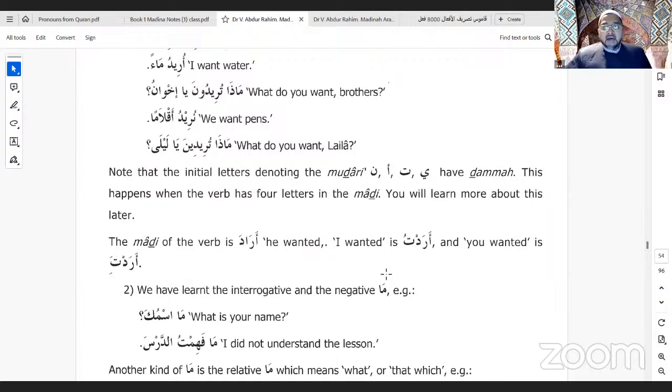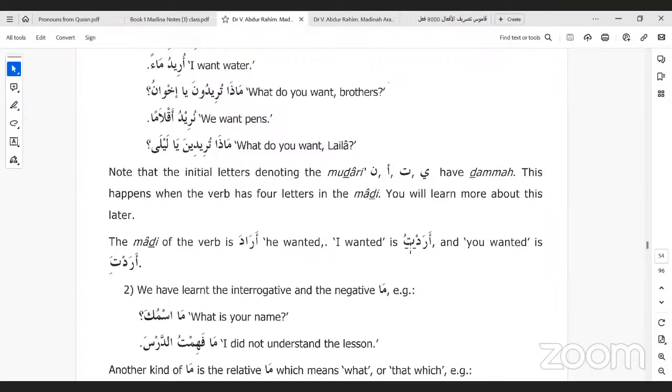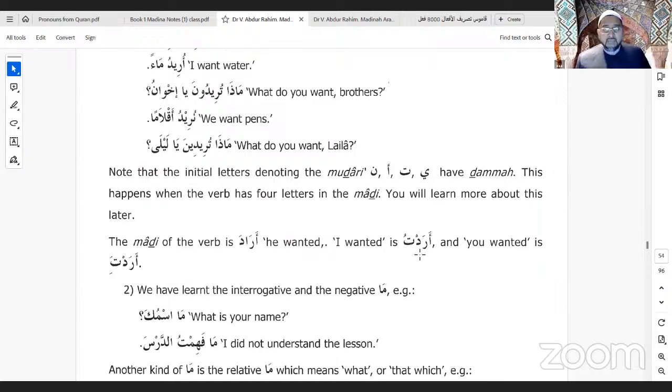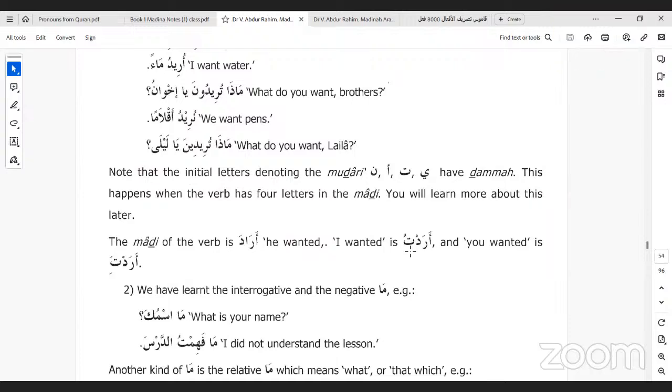It's arada, aradu, aradat, aradata, aradna, hunna aradna. Can you see this one? Aradtu. This aradtu, which you see on the screen, I wanted. Just change that with a noon fatha: aradna. Then aratta, arattuma, arattum, aratti, arattuma, arattunna, arattu, aradna.